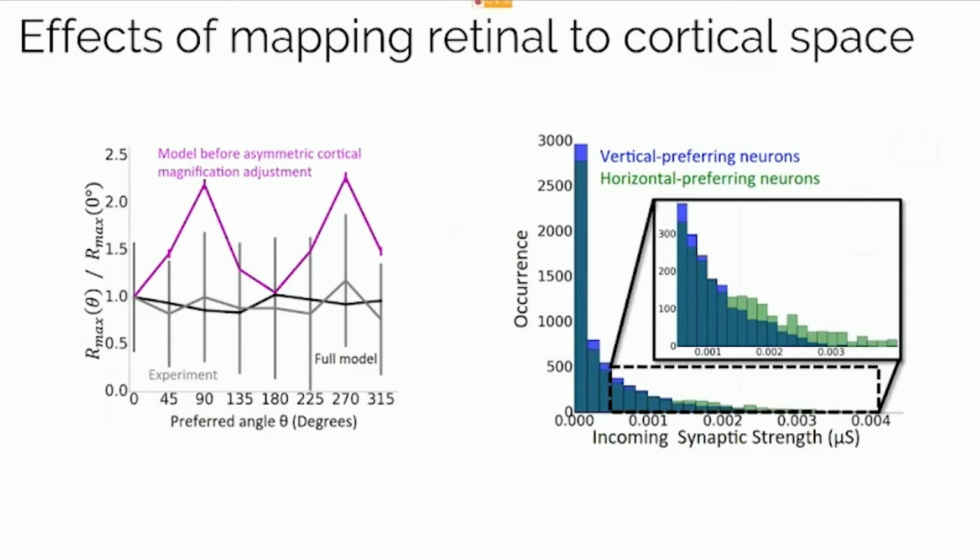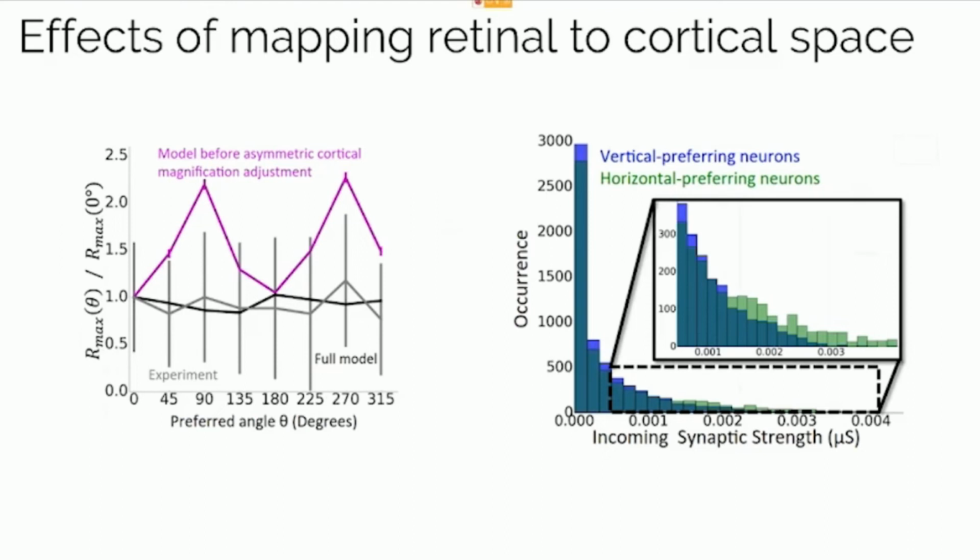The authors implement the latter, so different strength of recurrent connections, in a simple linear fashion where horizontal preferring target neurons have synapses that are scaled up by a factor of about 1.4, and vertical neurons have synapses that are scaled down by a factor of about 0.8, with a simple linear interpolation in between.